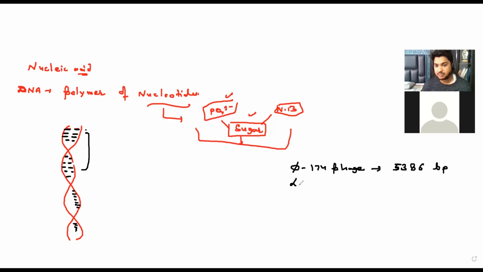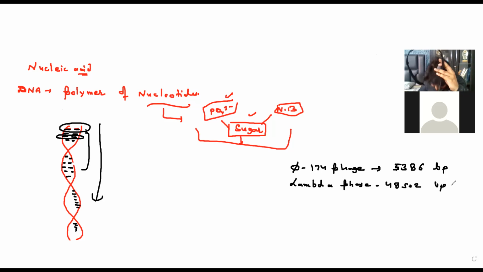There is one more, the lambda phage. Lambda phage has 48502 base pairs. Which phage has more base pairs, phi or lambda?